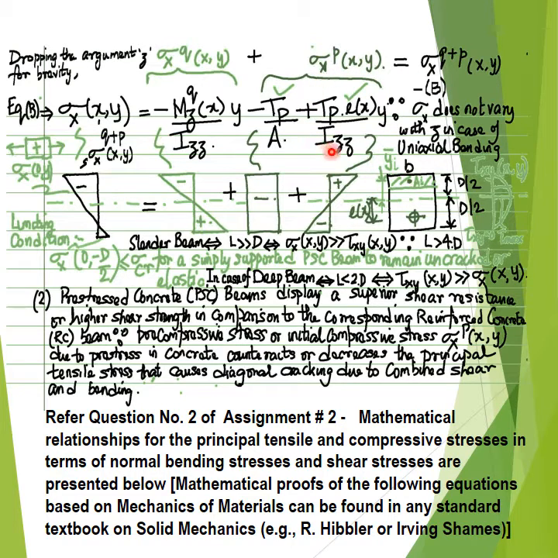That results in a bending moment in the pre-stressed concrete beam at the location X due to the eccentricity E at that location X of the pre-stressing force Tp.